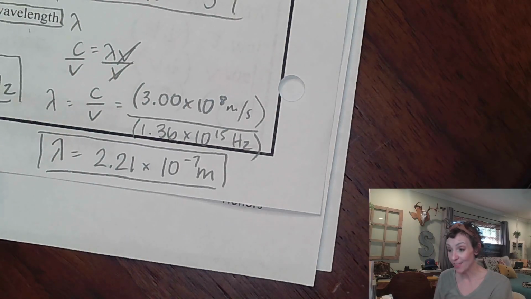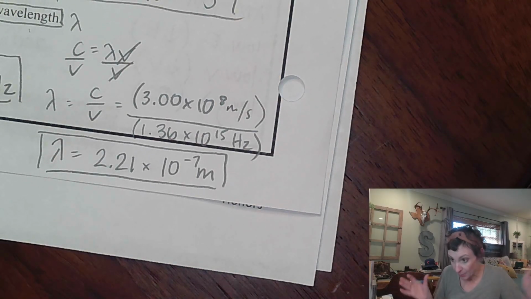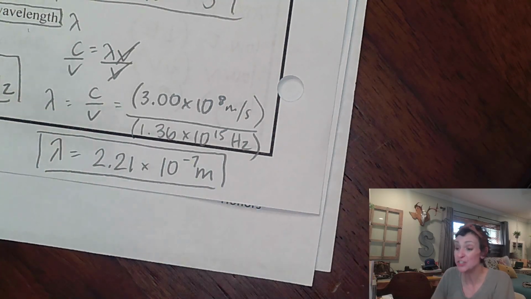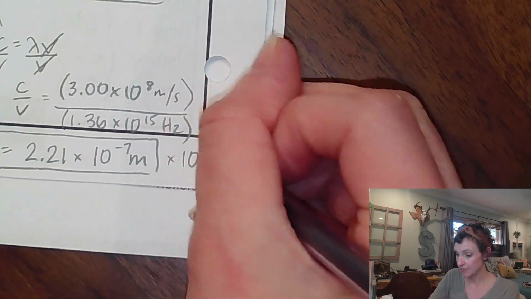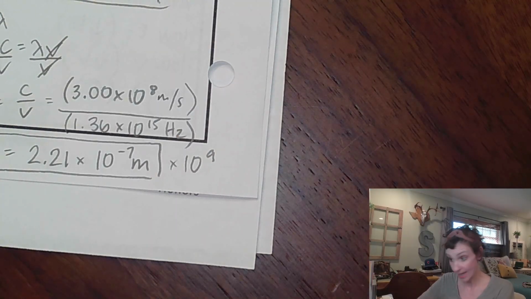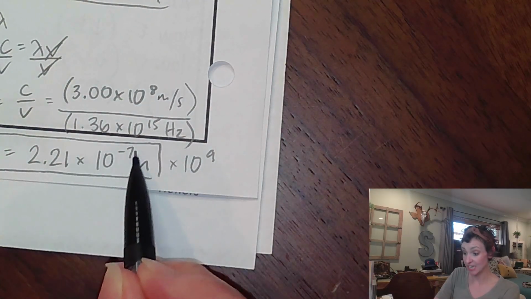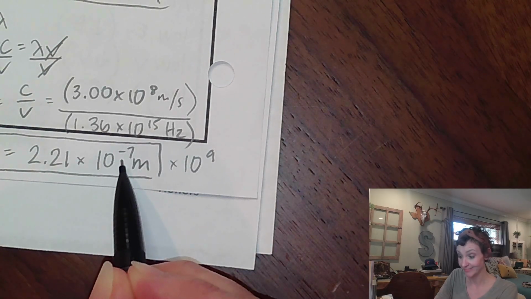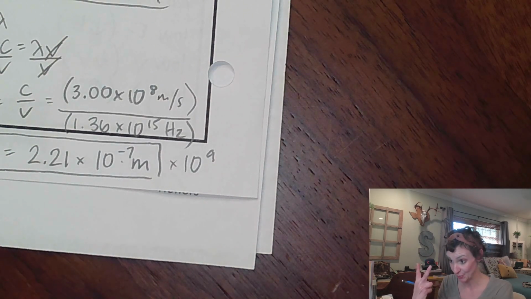Now, we know that on the metric chart, a nano is 9 places away from my meter. So basically, to get nanometers, I would have to multiply what I see here times 10 to the 9th. What that means for me is I've just got to add 9 to that exponent. -7 plus 9 gives you a 2, right?